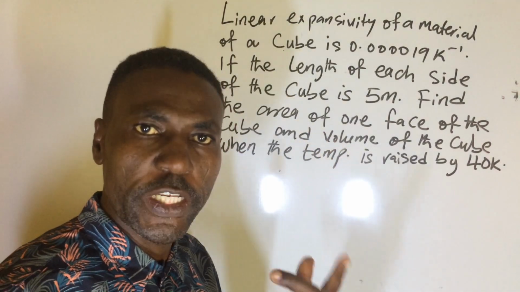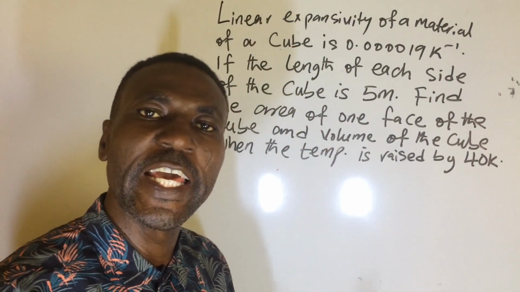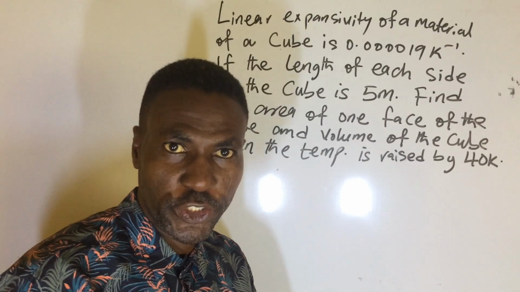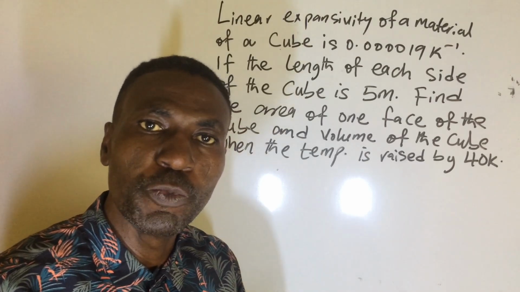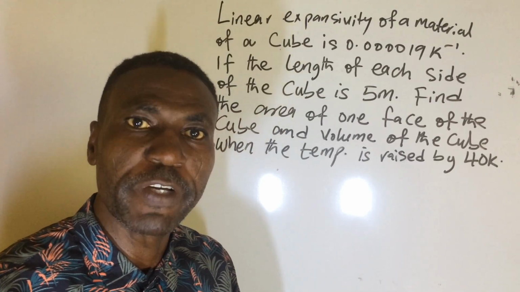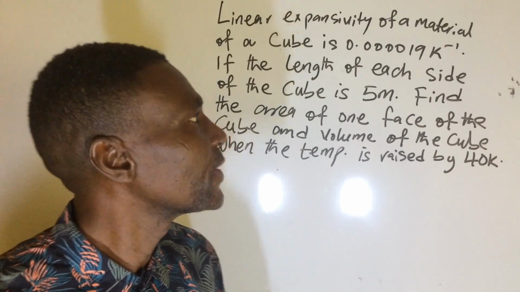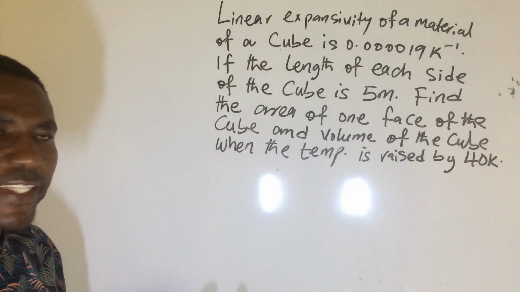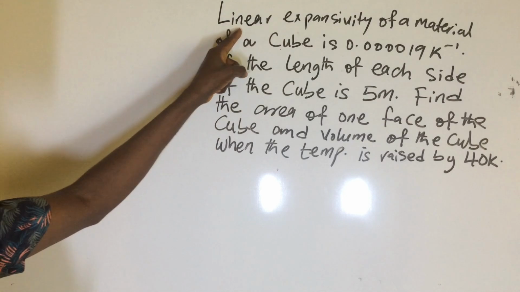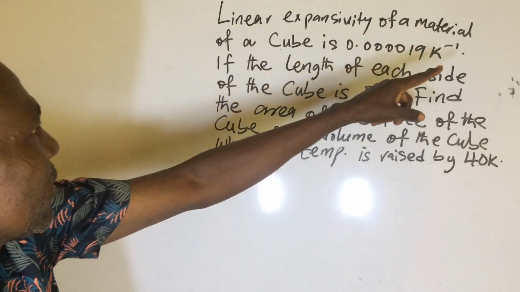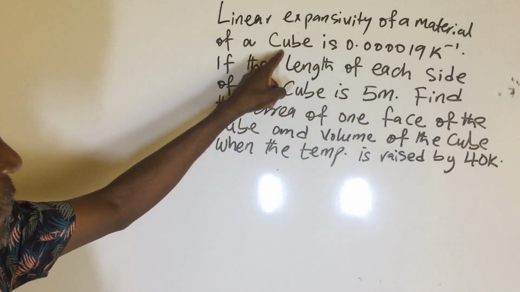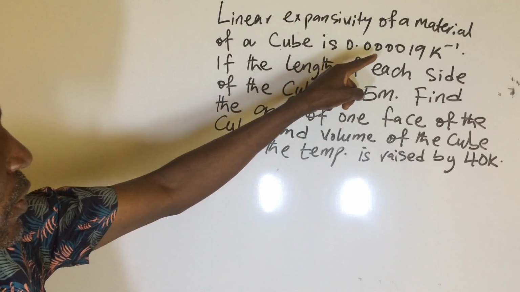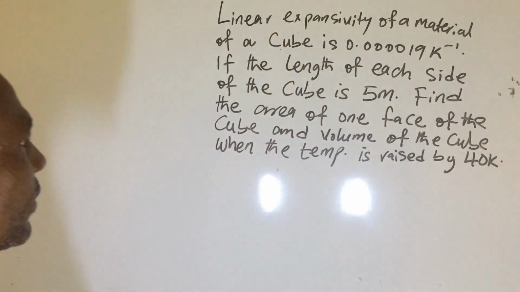This is a technical question on area expansion and volume expansion of a solid. The question says the linear expansivity of a material of a cube is 0.000019 per Kelvin.